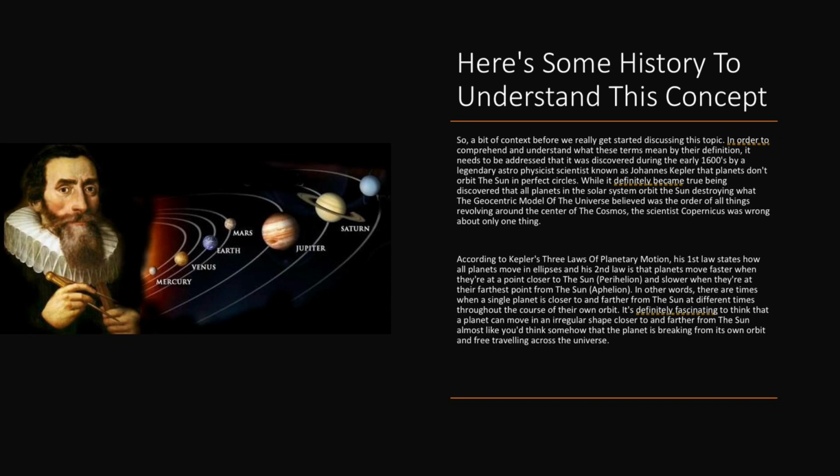While it became true that all planets in the solar system orbit the sun, destroying what the geocentric model believed was the order of all things revolving around the center of the cosmos, Copernicus was wrong about only one thing.